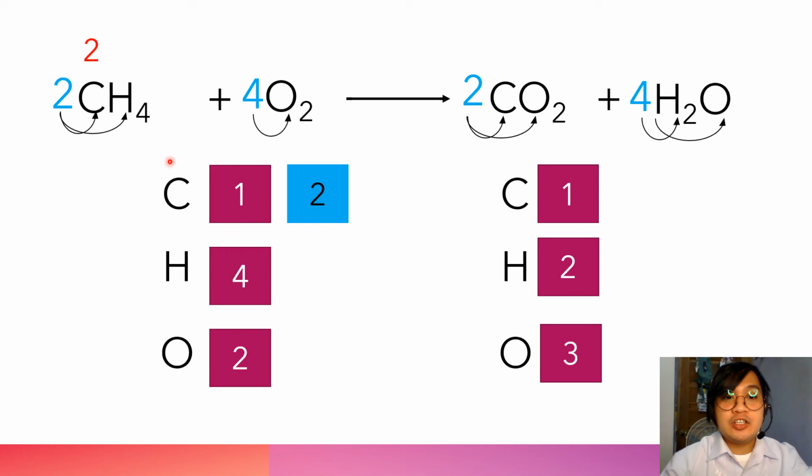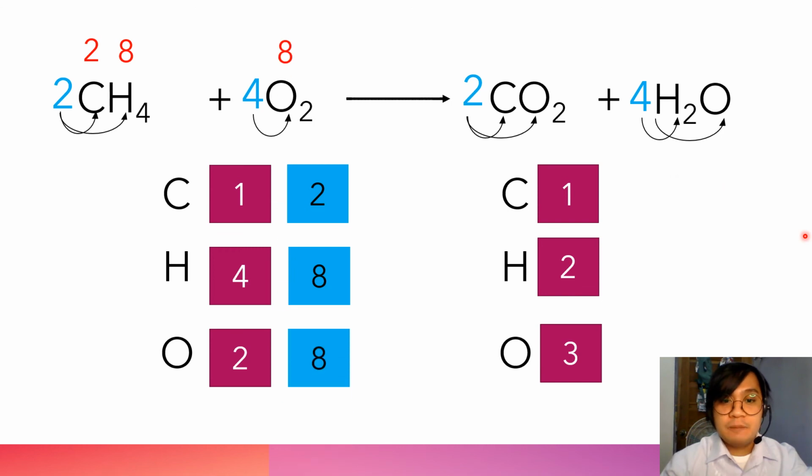Then I will continue to distribute 2 to the other element. We have 2 times 4 is equal to 8. And now for oxygen, I have put in 4 as coefficient. Therefore, 4 times 2 equals 8. So I now have the new number of atoms. For carbon, I have 2. For hydrogen, I have 8. And for oxygen, I have 8.